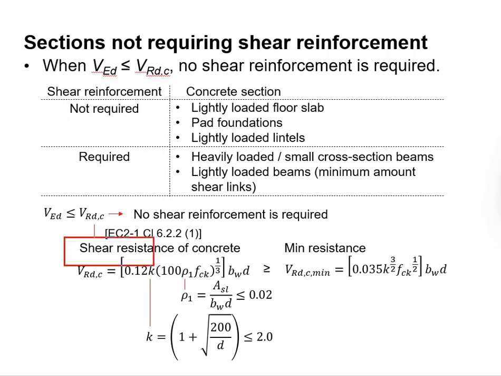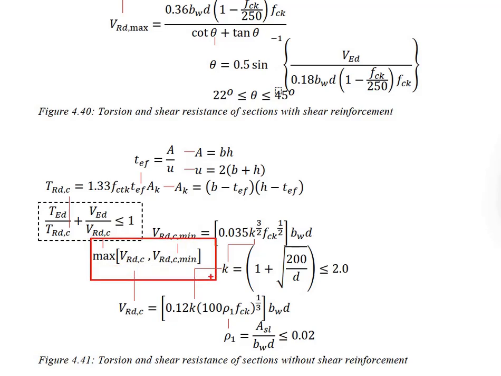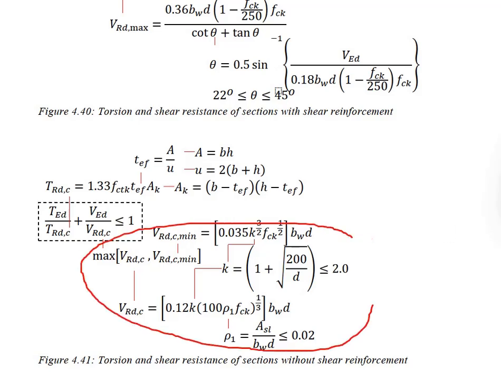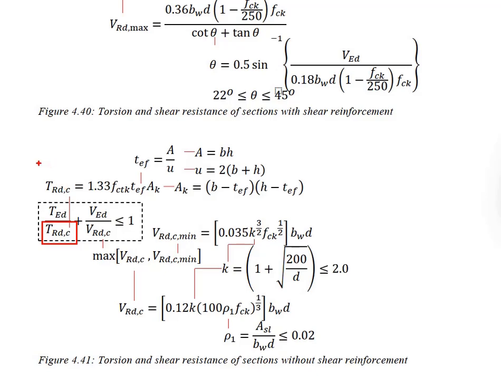You have the shear resistance of the concrete with combinations of its longitudinal bar, and you also have the shear resistance of the concrete alone. This will be the shear resistance of the member without any shear reinforcement. We are using the same set of equations. Now, how about the torsional resistance of the member?